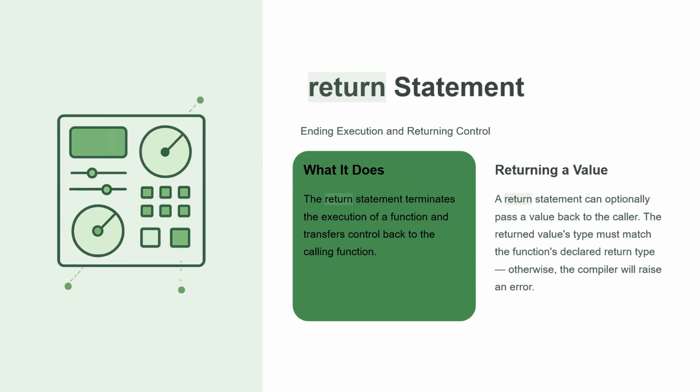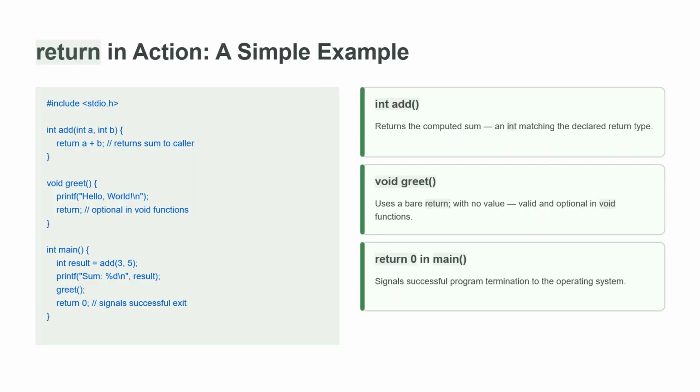It can optionally pass a value back to the caller. The returned value's type must match the function's declared return type. Otherwise, the compiler will raise an error. The first statement is goto and the second one is return.